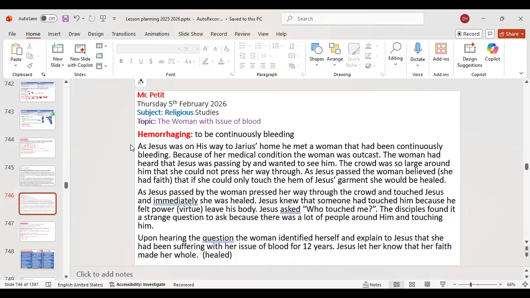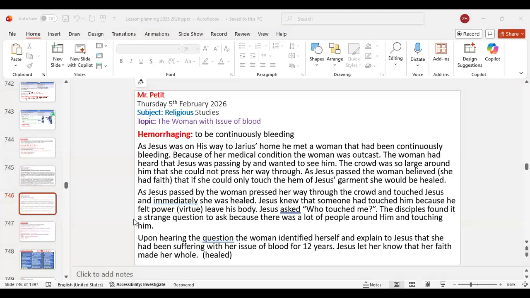To constantly bleed, right? So this lady, she had an issue of blood. She was constantly bleeding. She basically had an infinite menstrual cycle, bleeding, basically. That is nothing to play with, right?